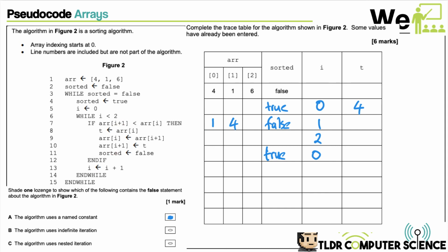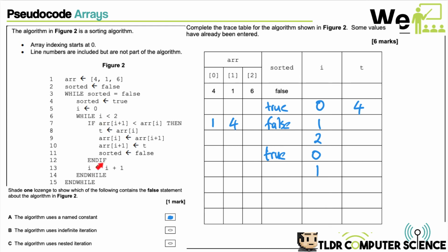No. So I becomes I plus 1. So that becomes 1. And then it will come back here. Is 1 less than 2? 1 is less than 2. I is 1, so is 6 less than 4? No, it's not.